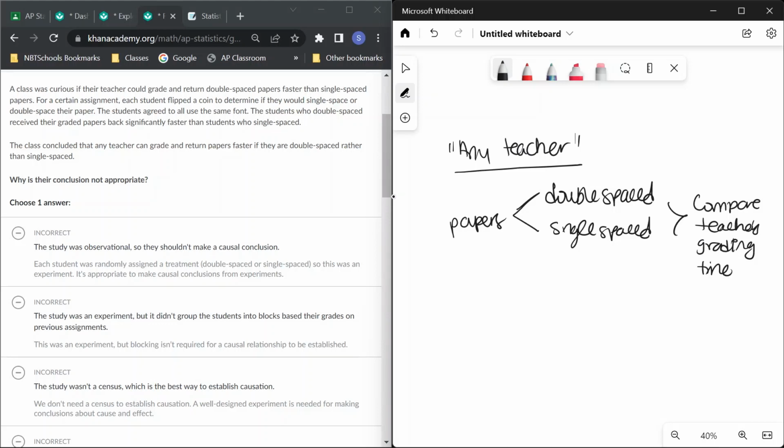So the papers were randomly assigned double space or single space, and we compare the teacher's grading time.